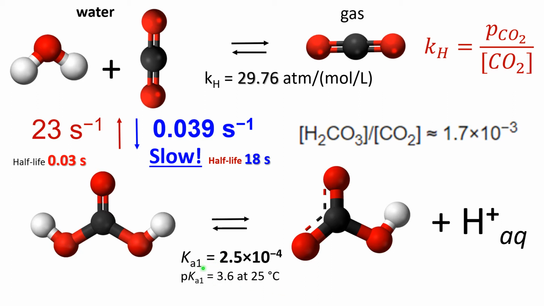Now, the dissociation constant is relatively high, so our carbonic acid is a relatively strong acid, but when we take into account that most of it is not in the form of H2CO3 but in the form of CO2, the result is that acidity of CO2 solutions in water is not very high.